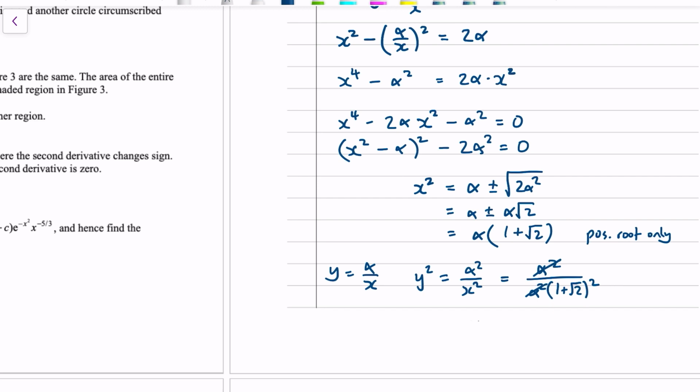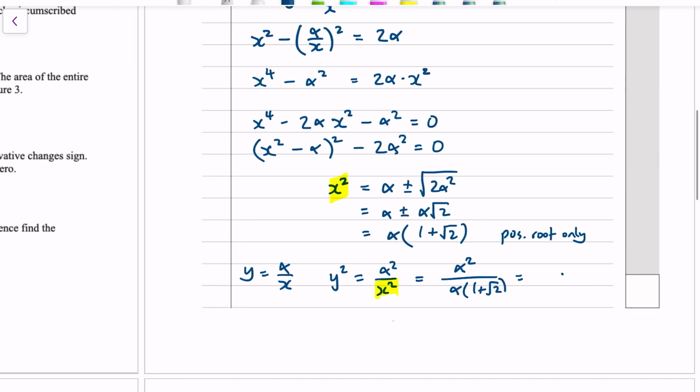That's because I've squared it when I shouldn't have squared it. Because I have x squared here, and I'm subbing in x squared, I don't need to square it. So I'm subbing in alpha, 1 plus root 2. So only one of the alphas on the top will cancel with the alpha on the bottom.